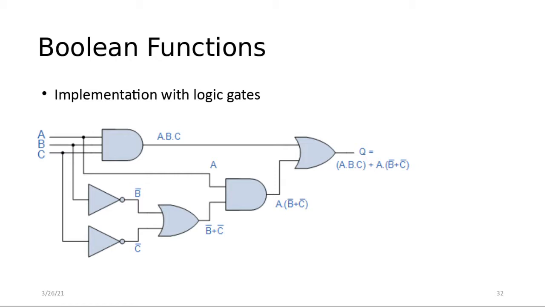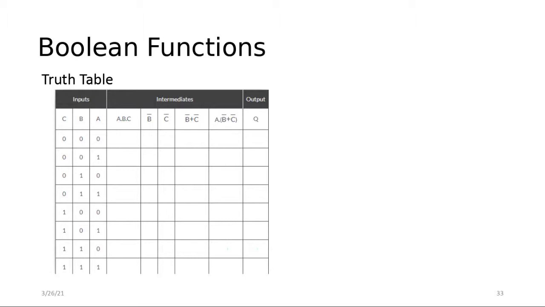So you know the truth table, right? How many inputs do we have in here? We have 3 inputs. So what does it mean? It means we have 8 combinations, right? We have 3 inputs and 8 rows. We have interconnections like A, B, C, NOT B, NOT C, NOT B AND OR NOT C. Can you fill in this table, please? I give you another 5 minutes for that.